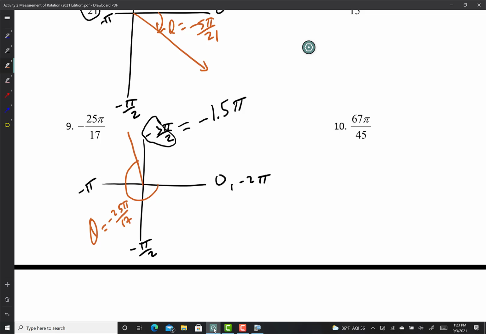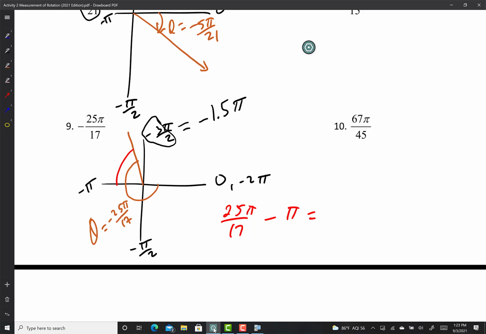Let me change the color to University of Houston red. I want the reference. I don't know how to do that, Chavez. Yeah, you do. Now it's just playing with numbers, right? This is pi. This distance in burnt orange, the magnitude is 25 pi over 17. So I can just go 25 pi over 17 minus pi.